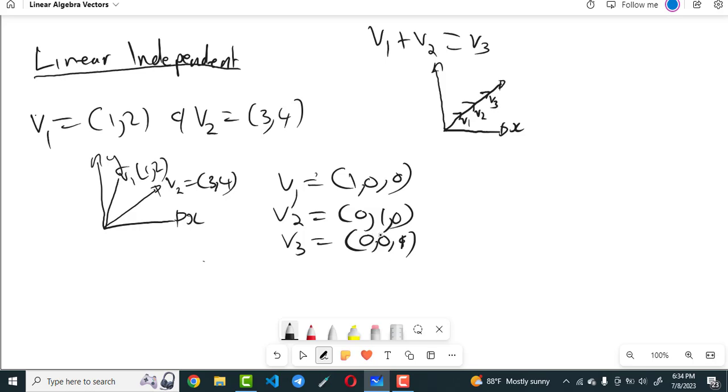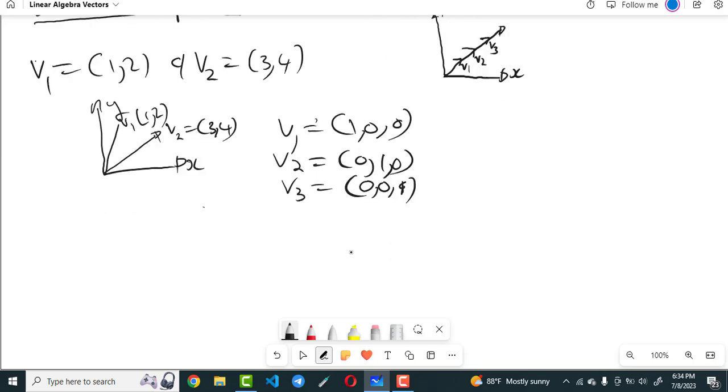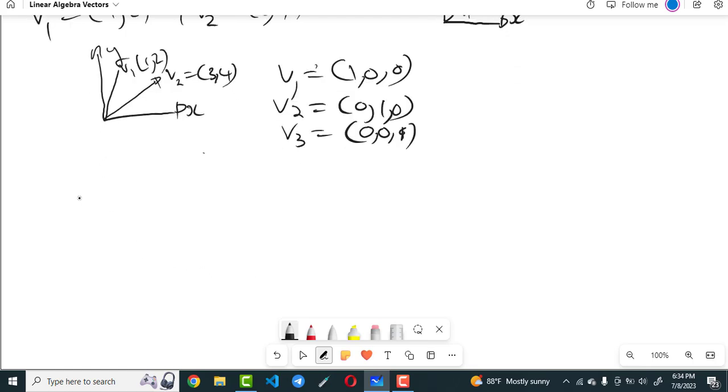So if we are to write a formula for this linear combination, we are saying that a set of vectors V has V1, V2 up to Vk, where k represents the number of vectors.